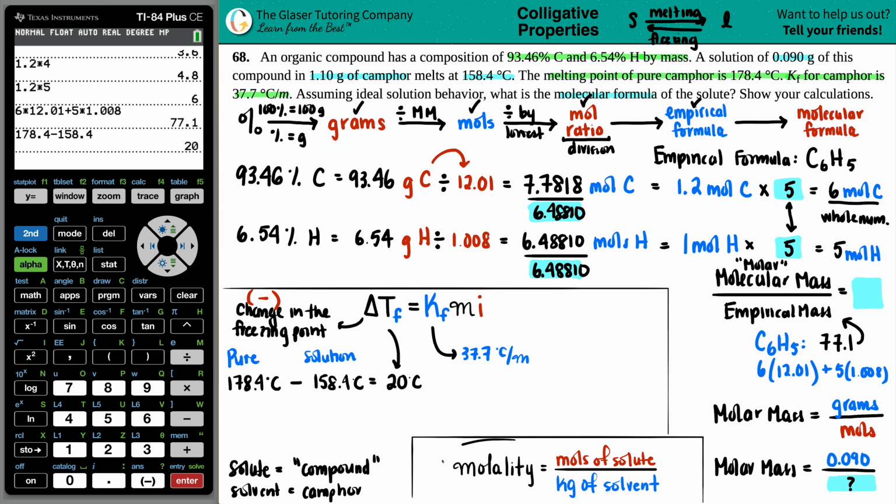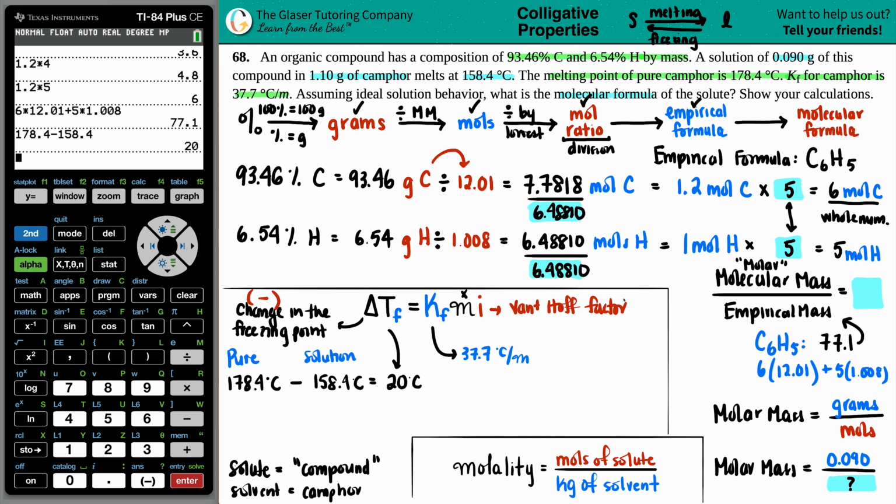Well, in order to solve for molality, I do need the moles of that solute divided by the kilograms of solvent. But we run into the same problem here. I don't know the moles of the solute. And if you don't know the moles of the solute, I can't find out my molality. So chances are this is what I'm solving for. So I should know my I value. And the I value is called the Van 't Hoff factor.